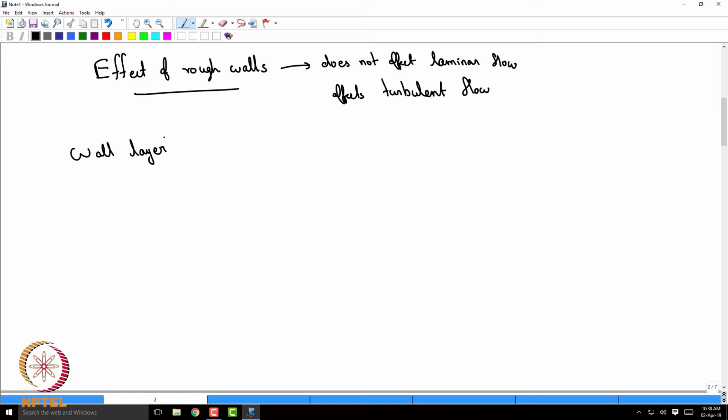Five. What is 5? y plus. Up to y plus of 5, from 0 to 5, you are expected to see the viscous wall layer. So let's say y plus maximum is 5. How is y plus defined?